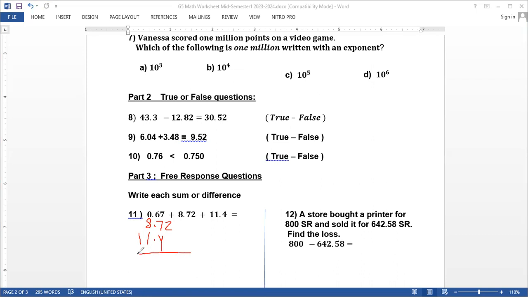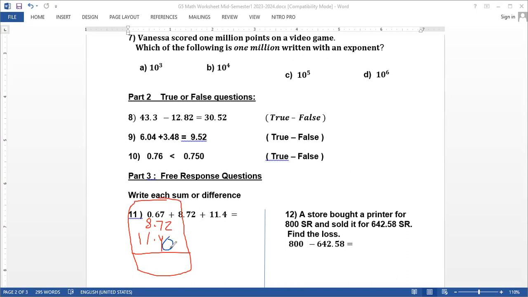This is very important. Now it's very easy for you to add them. Here, I add the hundredths with the hundredths. So here we can add 0 to make it easier for us.